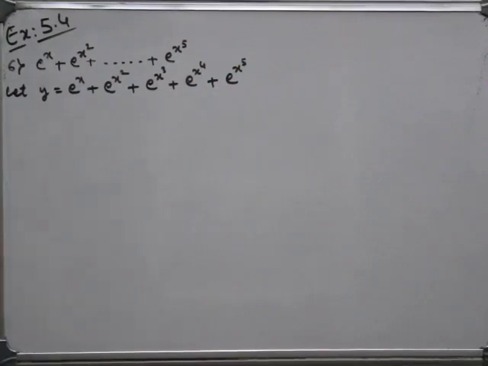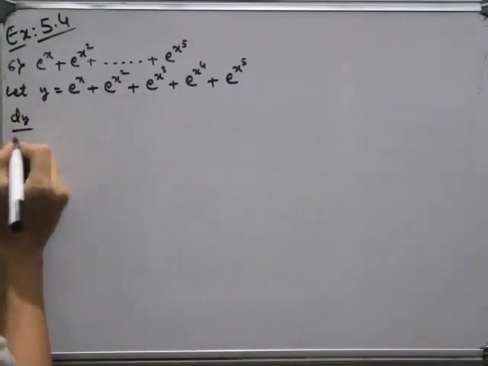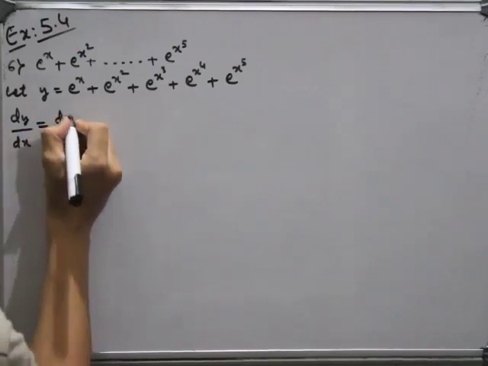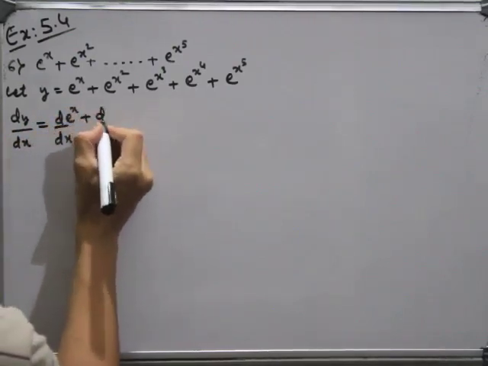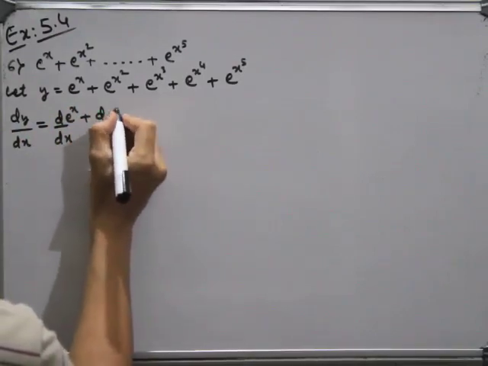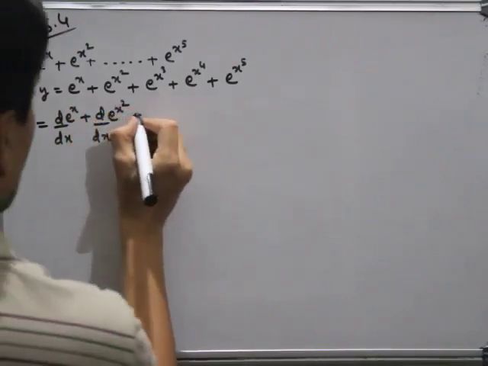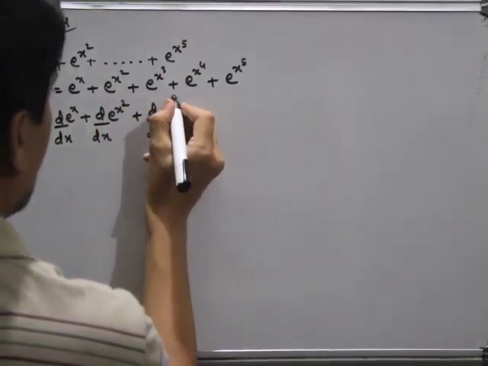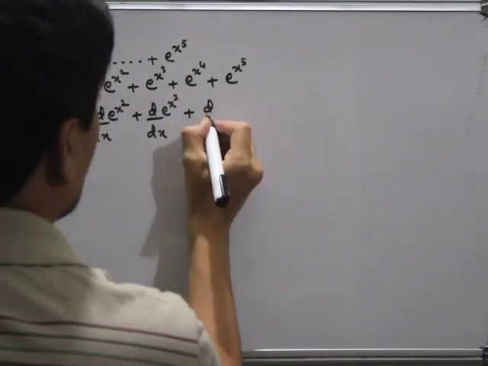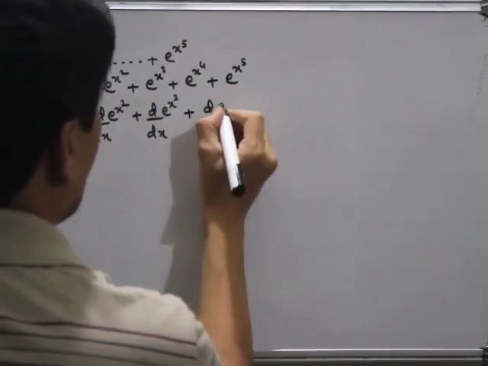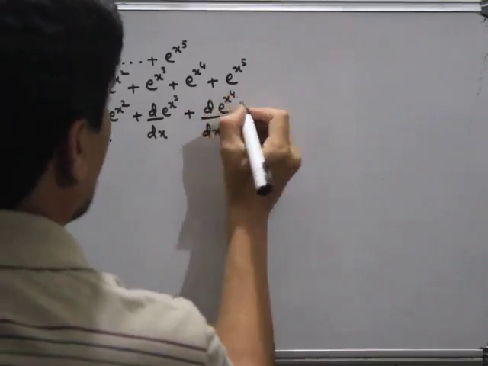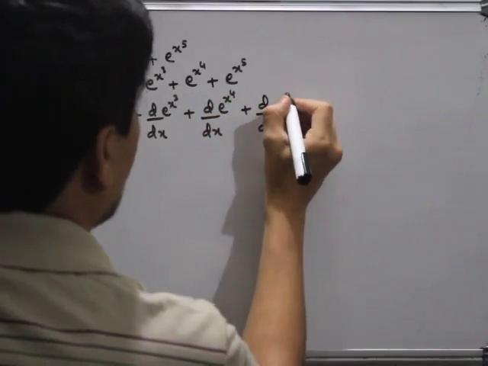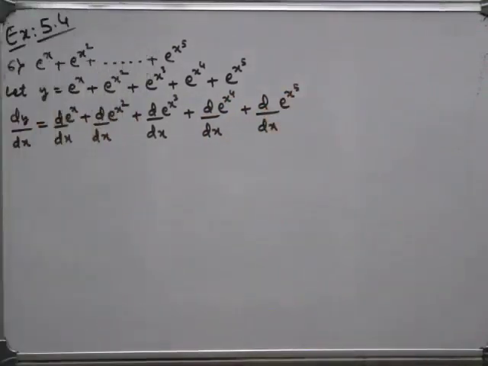Now dy by dx is equal to differentiation of e to the power of x plus differentiation of e to the power of x square plus differentiation of e to the power of x cube plus differentiation of e to the power of x to the power of 4 plus differentiation of e to the power of x to the power of 5.